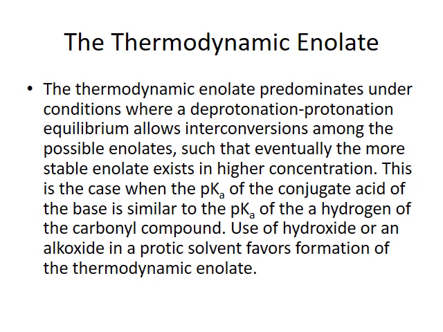Thermodynamic enolate predominates under conditions where deprotonation-protonation equilibrium allows interconversion among the possible enolates, such that eventually the more stable enolate exists in higher concentration. This is the case when the pKa of the conjugate acid of the base is similar to the pKa of the hydrogen of the carbonyl compound.